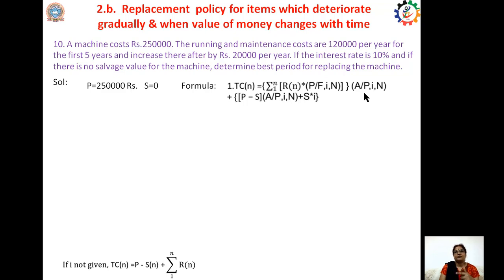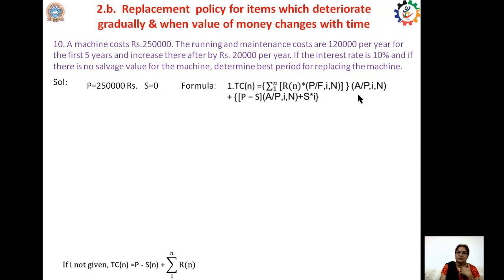I have preferred the annual worth method because if two or more alternatives are given with unequal values and unequal durations, then the annual worth method can be directly adopted. The present worth method needs a condition to be satisfied, that the assets co-terminate. This co-termination condition is not needed for the annual worth method, so we are adopting the annual worth method.